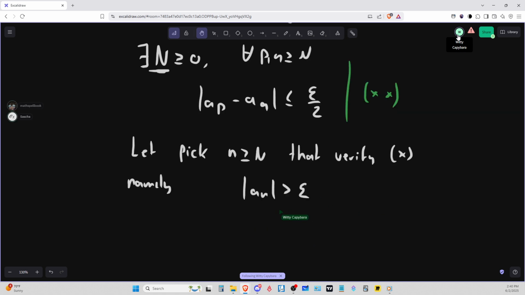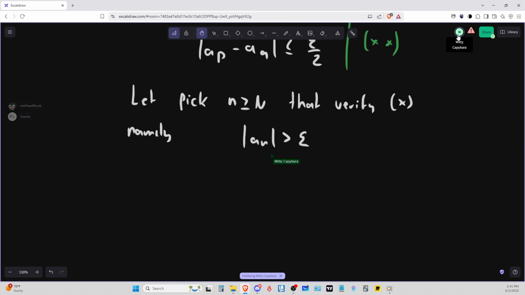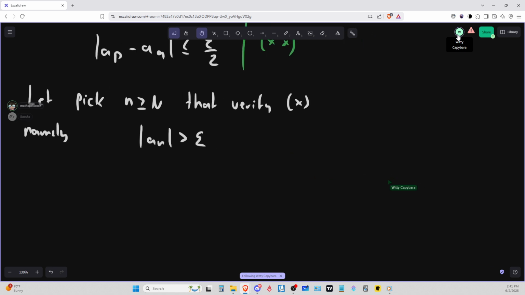Here's the deal. First of all, I'm going to split the proof into two steps, but we're just going to do one step because the other will be similar. This tells you that the absolute value of a_n is bigger than epsilon, but this is equivalent to saying that, well, actually it would be two inequalities.